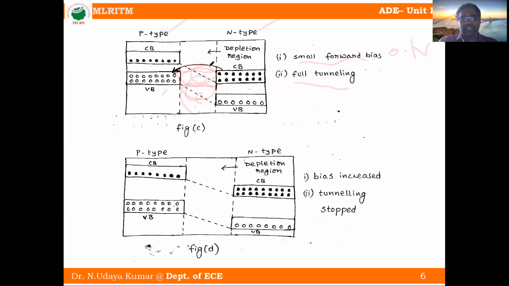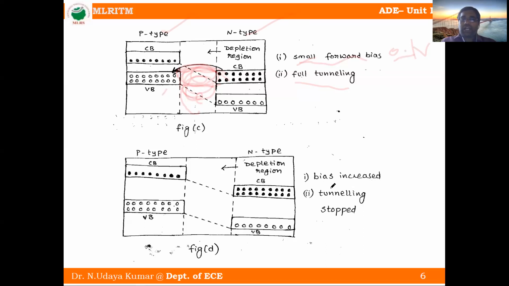So electrons move easily. Instead of moving across the junction, they penetrate it. Penetrating means we call it tunneling. In this tunneling situation, current is very high, up to the peak. Current increases very sharply whenever we apply a small forward voltage like 0.1 volts.